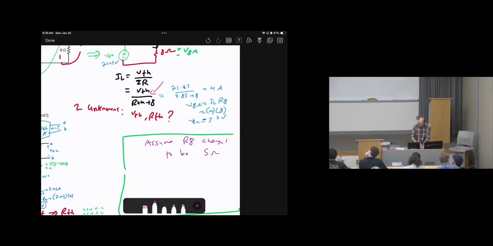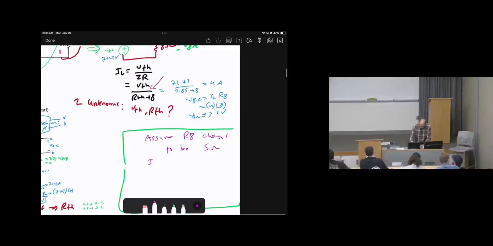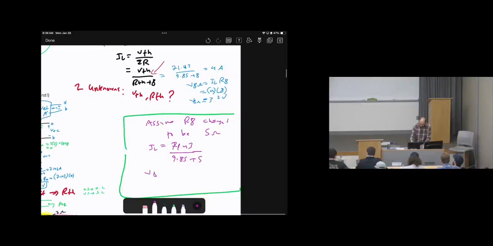So what will happen? You will say IL equals V Thevenin, which is 71.43, no change in V Thevenin, over R Thevenin, 9.85, plus 5. And in order to calculate V across the 5 ohms, it will be I times R, the I that we calculated there, times 5.